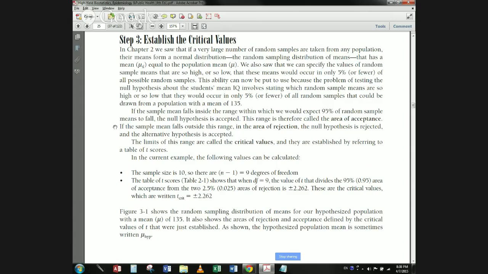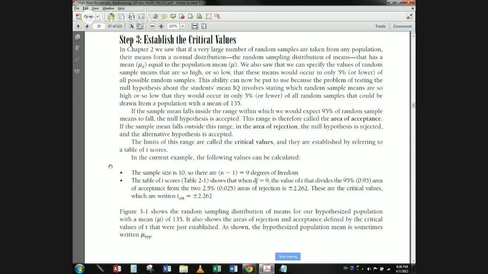This range is therefore called the area of acceptance. If the sample mean falls outside this range, in the area of rejection, the null hypothesis is rejected and the alternative hypothesis is accepted. The limits of this range are called the critical values, and they are established by referring to the table of t-scores.